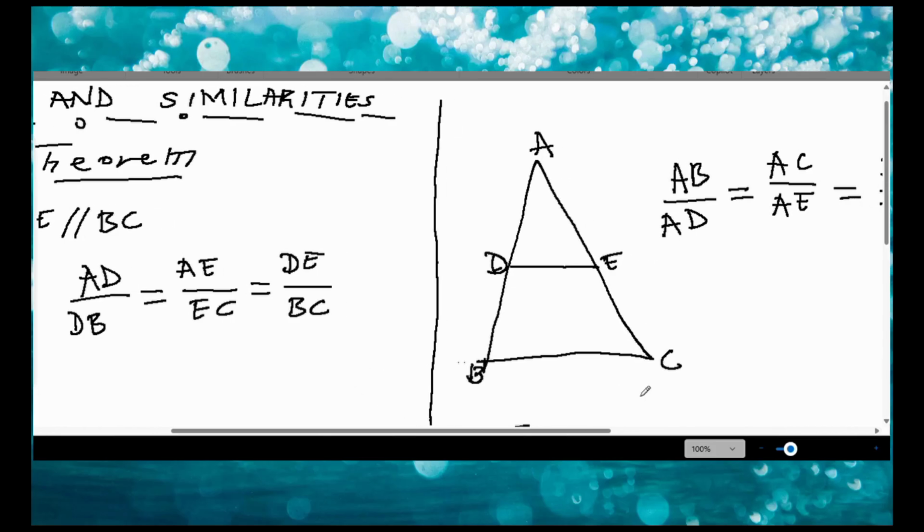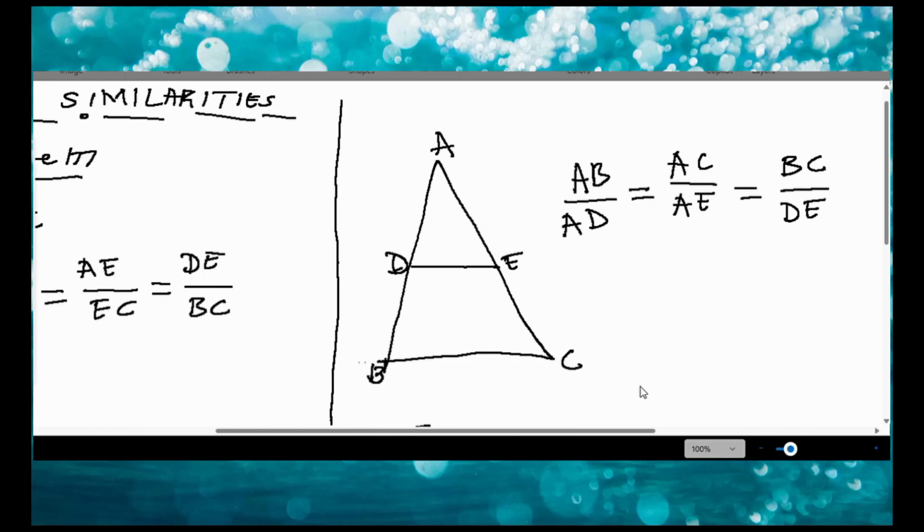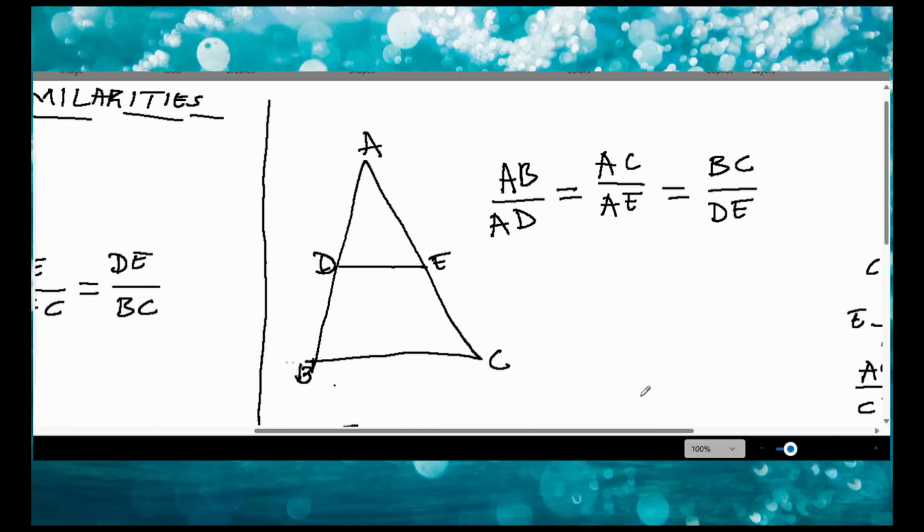So you're going to have A, B, C, D, E. And this time around, there's no information indicating that DE is parallel to BC. In such a situation, we can see clearly that we have two triangles, triangle ABC and triangle ADE.